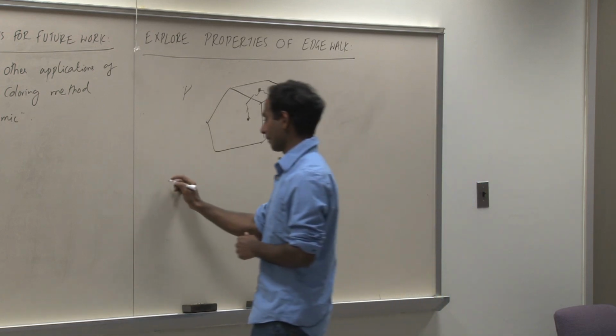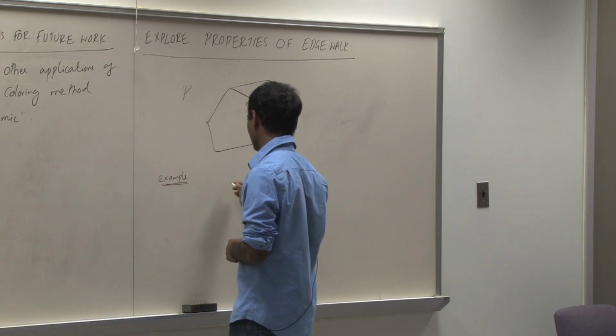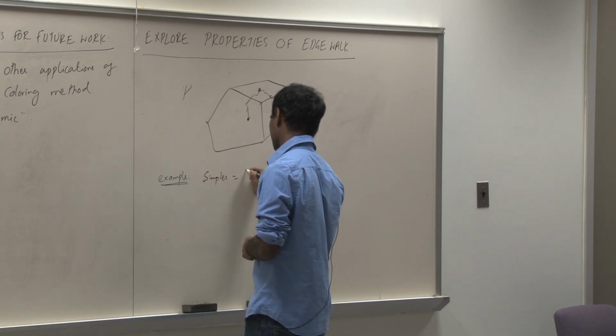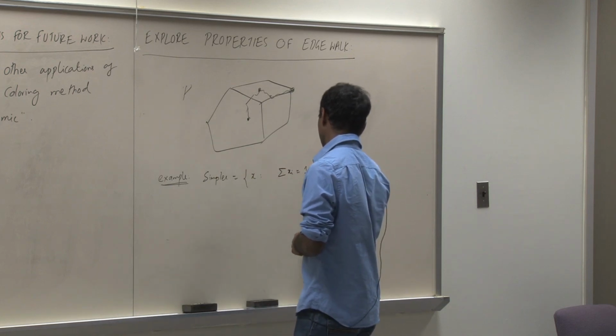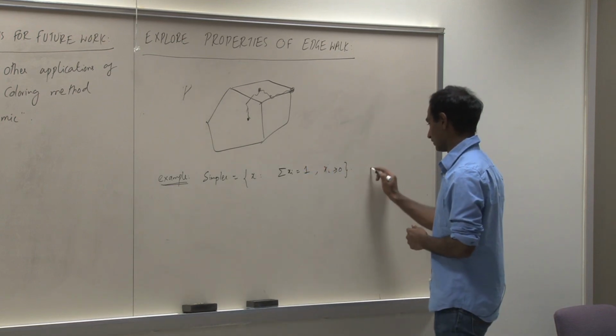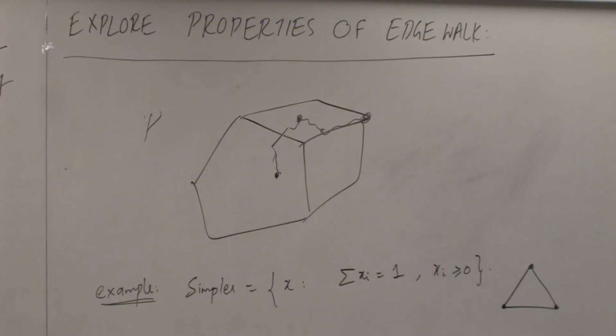For example, if you start with the simplex, okay, so this is kind of like the triangle in 2 dimensions, in 3 dimensions, sorry. So if you start with the simplex and do this algorithm, what distribution do you get? Well, any guesses? So what's the probability that you reach here, or here?